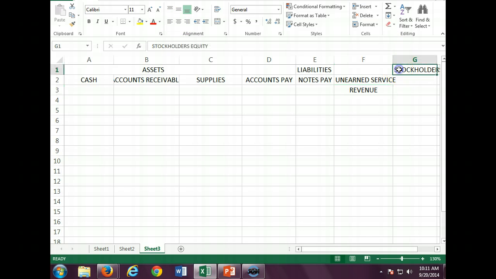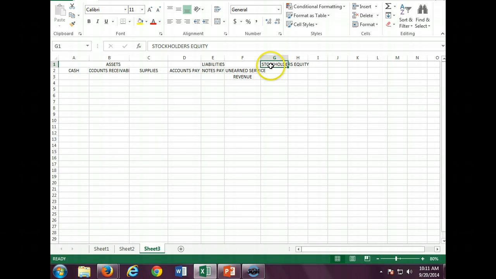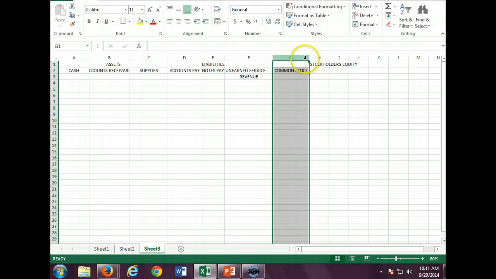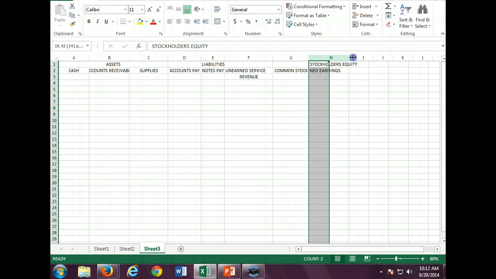Then our stockholders' equity section is going to have what? Common stock and retained earnings. Okay?